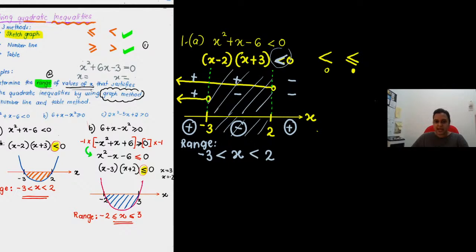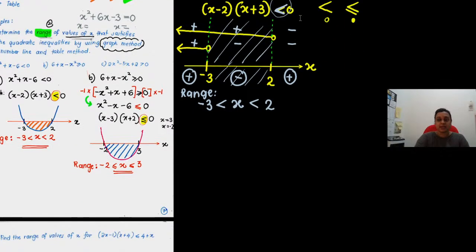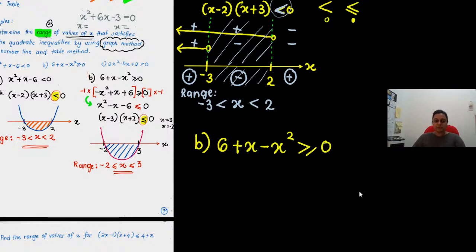If y'all still remember, last week teacher gave y'all tips on what you must do if your quadratic inequality starts with a negative value, meaning your A is negative. Teacher showed y'all the tips. Anyone still remember or not? 6 plus x minus x squared greater than or equal to 0. Do you realize that the value of A is negative?